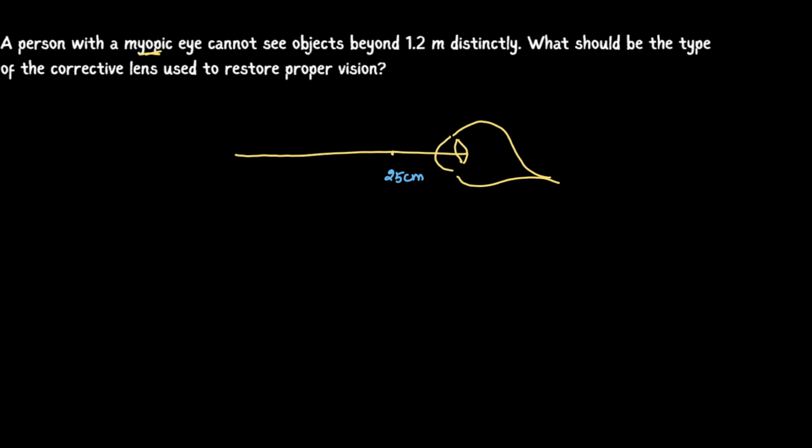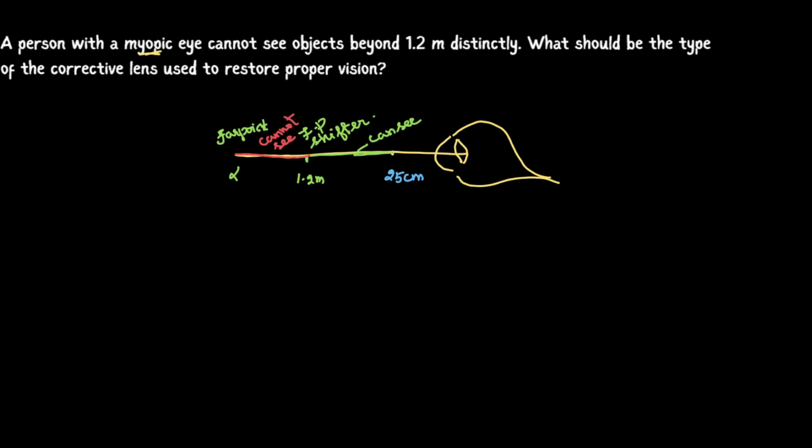For a normal person, the far point is infinite. For this myopic person, the far point is shifted to 1.2 meter. So the person can see things only in this range, and beyond this they cannot see.